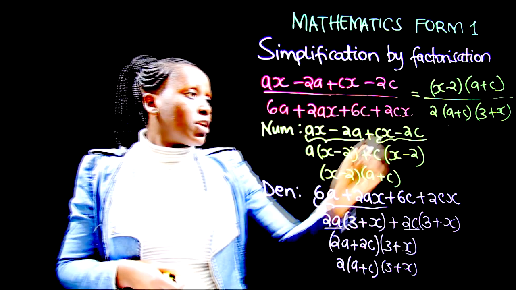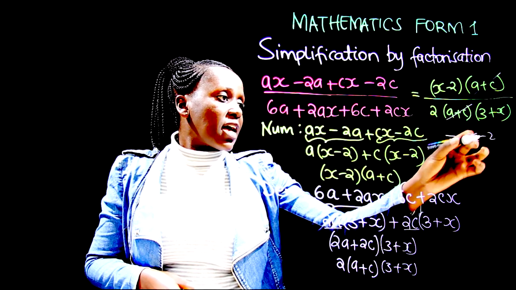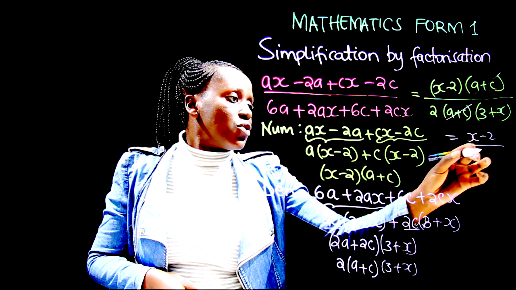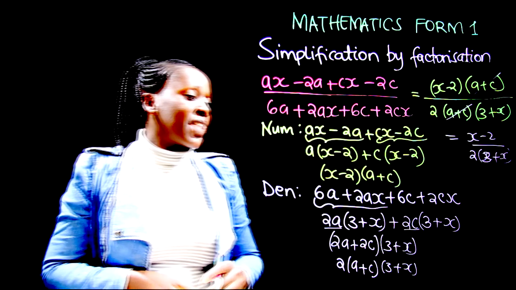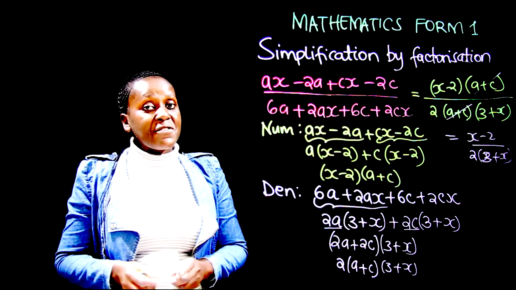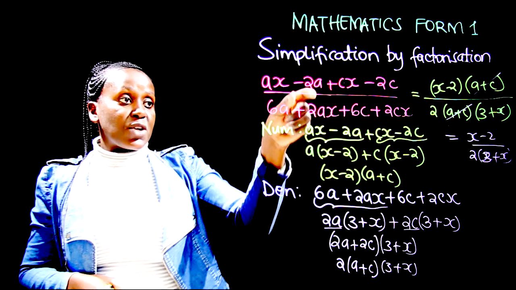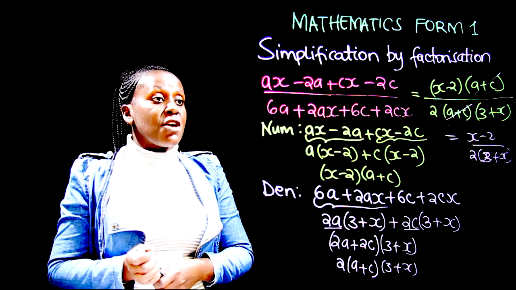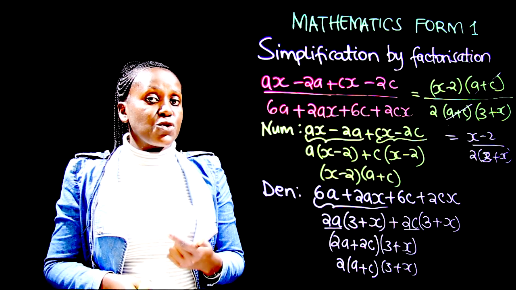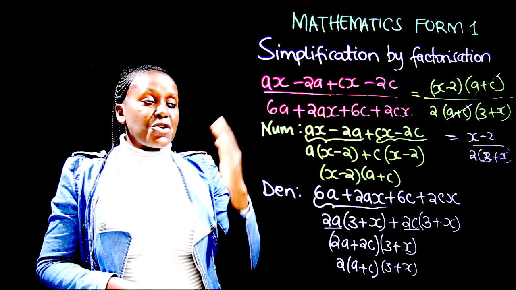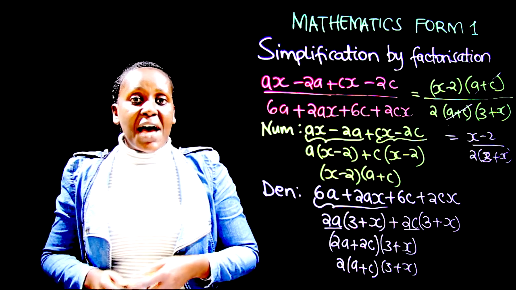A plus c is common, so this and this will cancel out, and then we'll be left with x minus 2 over 2 into 3 plus x. So that is how you simplify fractions through factorization. If you come across a question like this that asks you to simplify, you have to first factorize it. And remember, to factorize is to put brackets. Then in the end, you cancel out the factors that are common, and then you'll have your final answer.